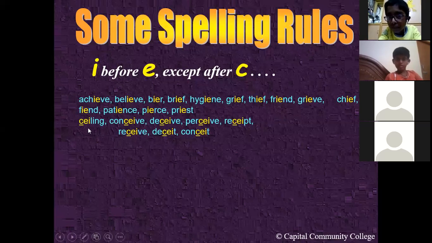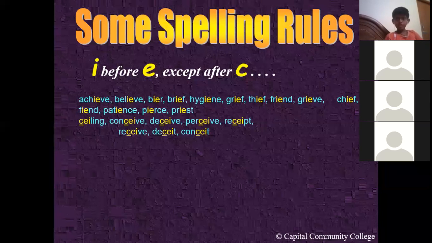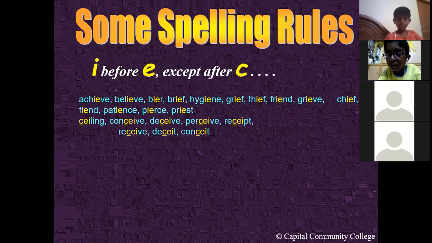If you observe in all these cases, E has been placed between C and I. But if there is no letter C, then you have to give the priority to I first, then E. I, E. Achieve.